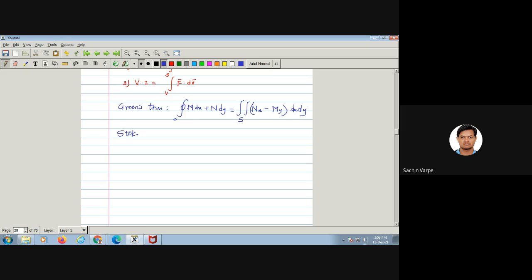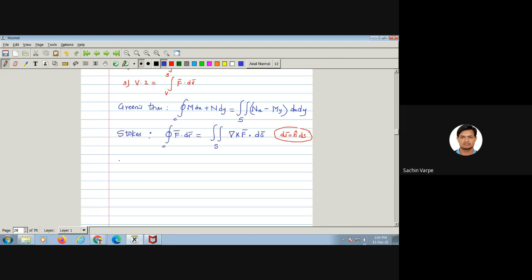We have seen Stokes theorem says the line integral over the closed curve C of m dx plus n dy, that is nothing but f bar dot dr bar, is equal to the double integration over the surface S of del cross f bar dot ds bar, that is the normal component of curl of f bar, where ds bar is n cap ds. This is the Stokes theorem.